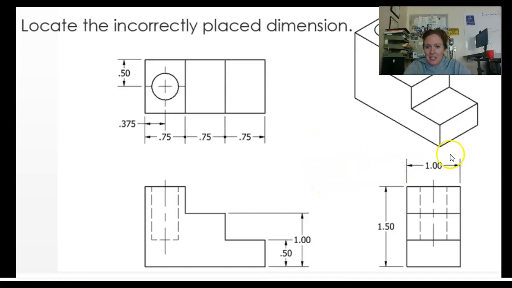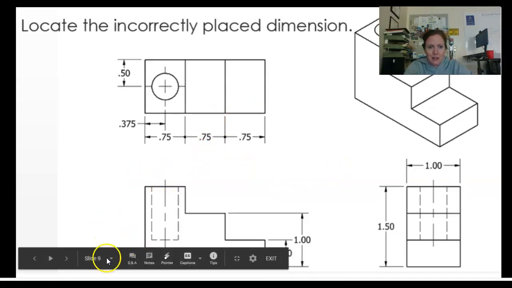So you should have seen this one is incorrectly placed. Again, it's the same one as in the last one. It should be here. And this is showing width, so it should be down here, showing the width of these. So hopefully you figured those out.